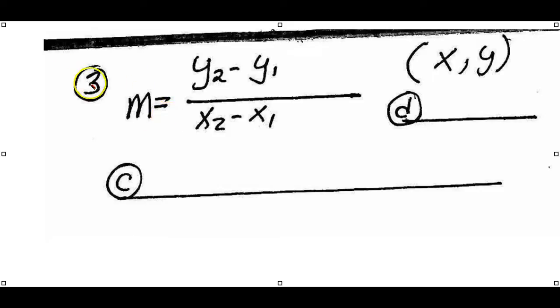As we look at what we're calling equation 3, it's m, which we know is the slope, equals y sub 2 minus y sub 1 divided by x sub 2 minus x sub 1. And what do you think this is the equation of? If you said it's the formula for slope, that is correct.